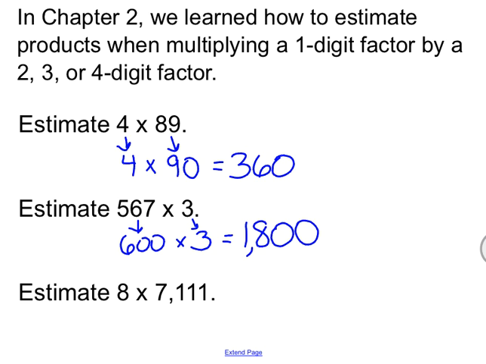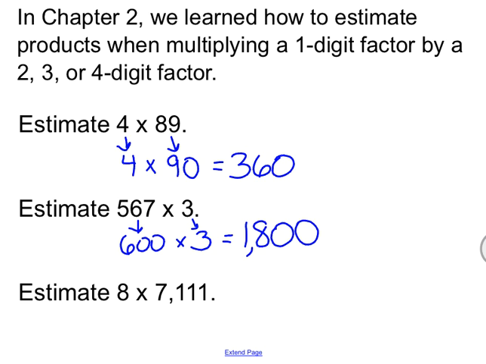All right, the last one, estimate 8 times 7,111. Now that is a 4-digit number, and that goes to the thousands place. So I will be rounding that number to the nearest thousands.